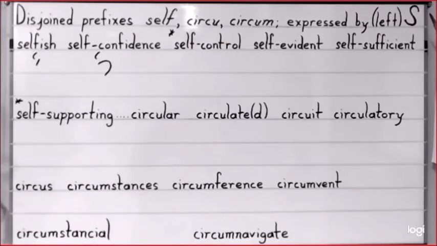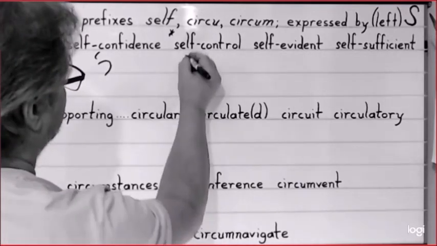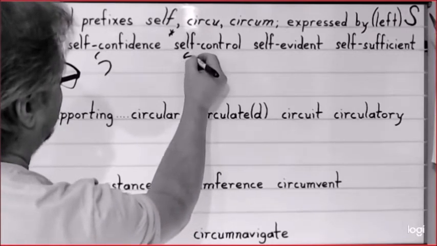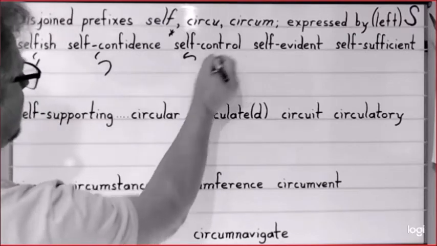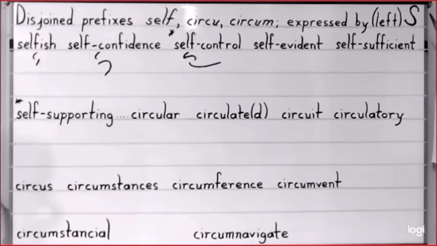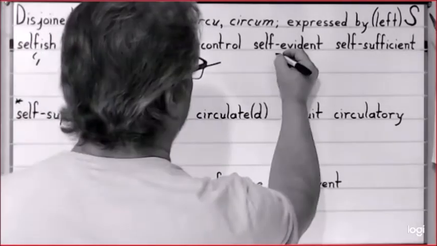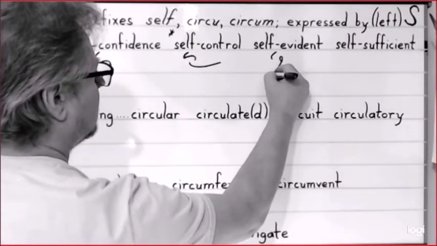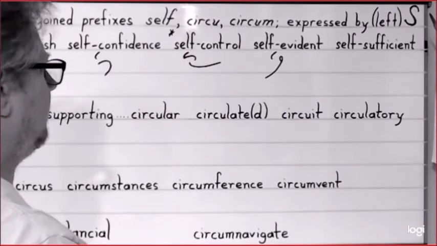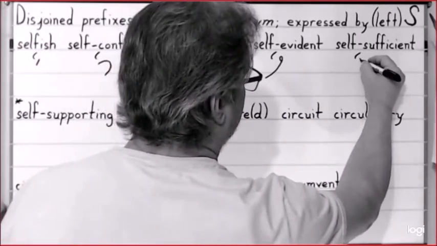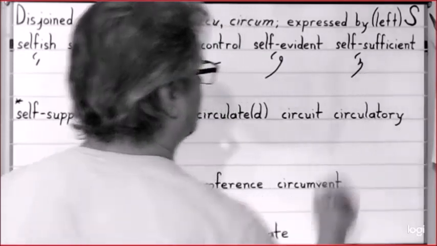For self-control, this is going to be a double disjoint prefix because we're going to write the left S for the self, and then the K for the contra, then a disjoined L underneath. For self-evident, it is an S, and then an E, V. For self-sufficient, it is S, and then an S, U, F.